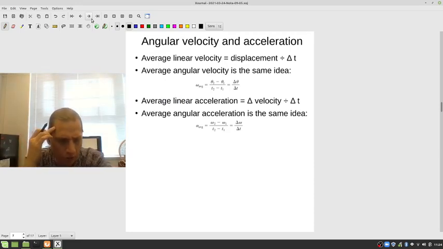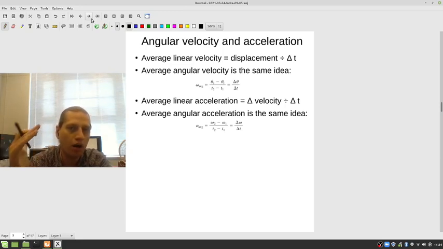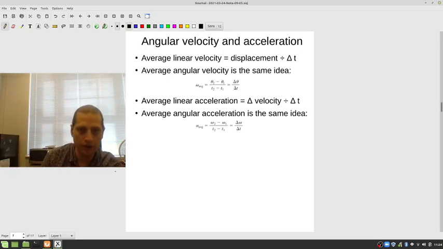Okay, now, the next step that we're going to take is effectively thinking about all of the different variables that we had in linear displacement, or in linear terms, and put them into angular terms. So I want you to write down this with me. Here's our linear, and here's our angular.